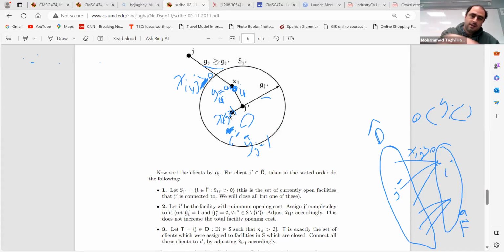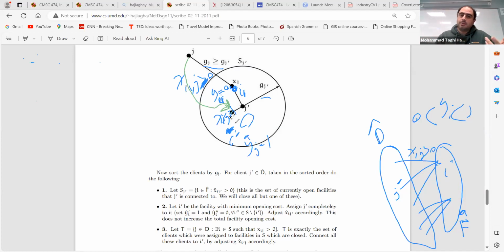Okay, so we are doing something very similar to what we have done for k-median. We simply say that, okay, now I cannot assign anything to here. I will completely assign this J to this I prime. So instead of assigning partially to here, I will assign it to this open facility in the ball corresponding to j prime.